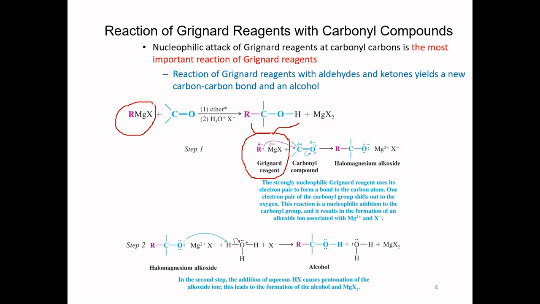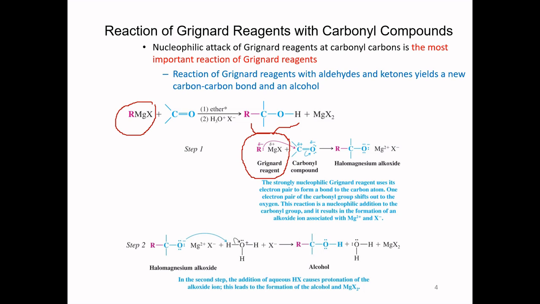What happens when this nucleophile attacks the partially positive carbon? The electrons of the pi bond will shift to the oxygen, and it will result in a halomagnesium alkoxide.